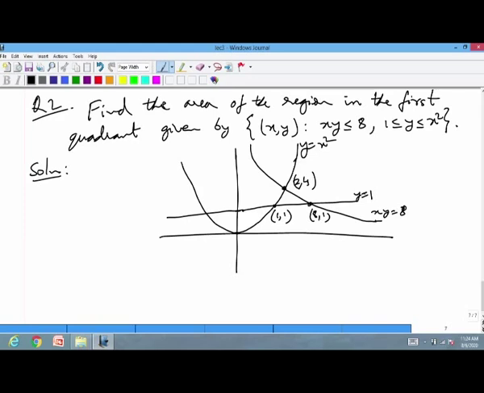Now, what is the region? So, region is given in the first quadrant by x y less than equal to 8. Let me draw this x y less than equal to 8 in this yellow.